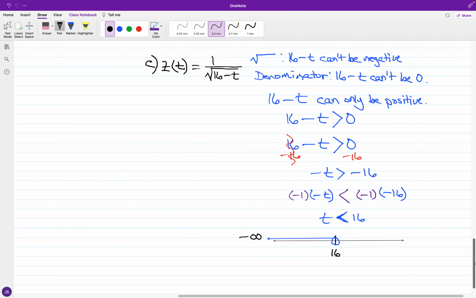So for the function z of t, you will have for the domain, going from negative infinity, approaching but not including 16. And so we have an open interval with parentheses that will encapsulate negative infinity and positive 16.